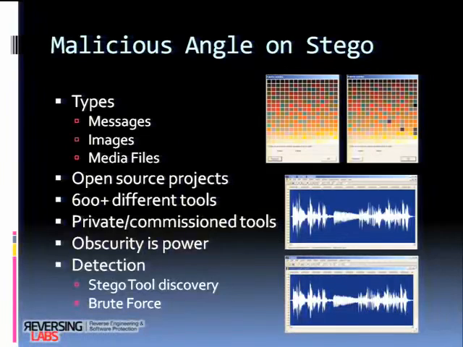In today's world, detection is done in two different ways. Either you try to inventory all the possible algorithms and look for artifacts inside of images or media files, or you just look for the presence of the tools that do encryption and decryption of the data, meaning you look for hashes of these tools.